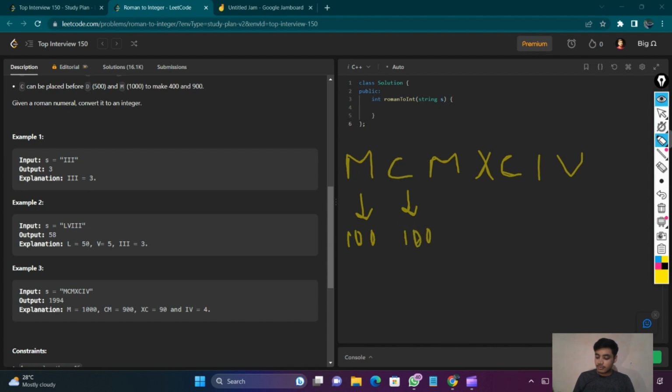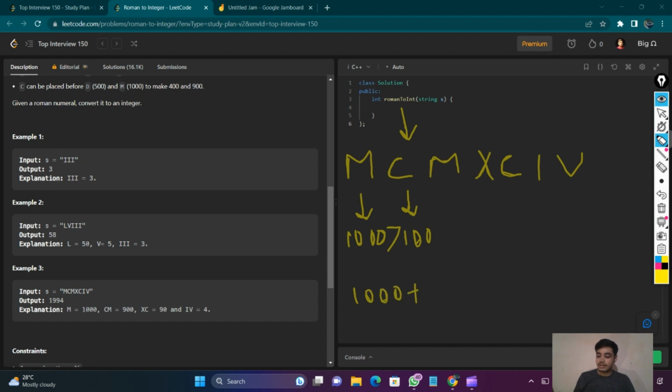Okay, so the value of M is 1000 and C is 100, and when you start from the first index, you see that the sequence is correct, it is 1000. That means it is greater than or equal. So what we have decided is to add the previous value. So we add 1000 to our answer.